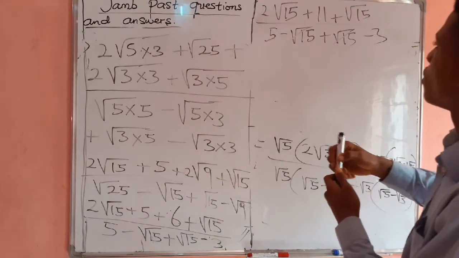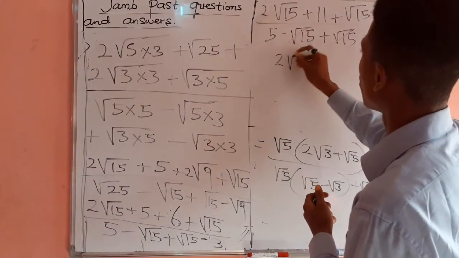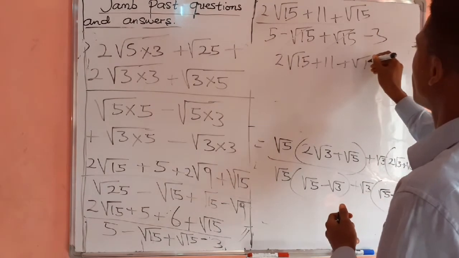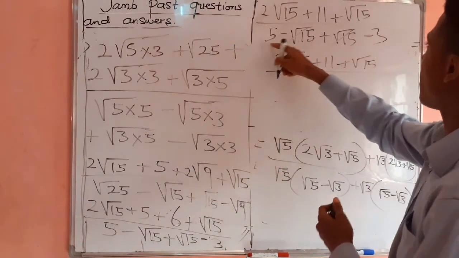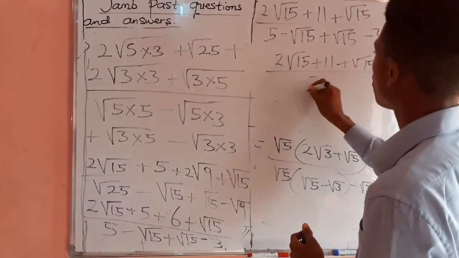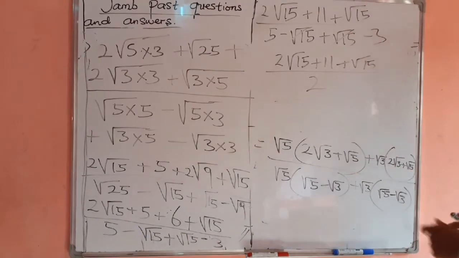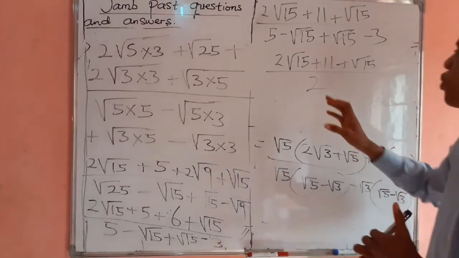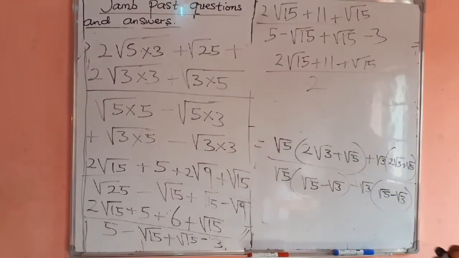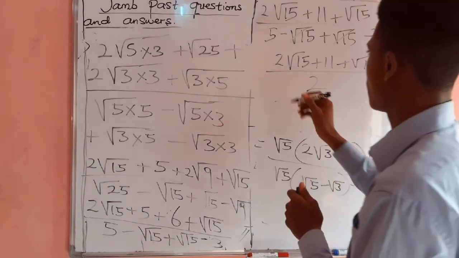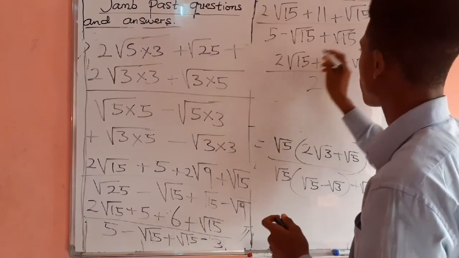Let's solve for this now. This will be 2 root 15 plus 11 plus root 15, over 5 minus 3, which is 2. 2 root 15 plus root 15. And of course, we know when two roots are adding themselves, we pick one root and we add the numbers outside the root.